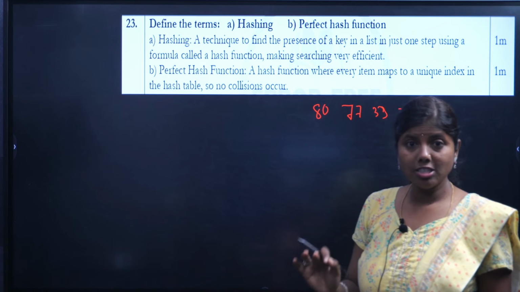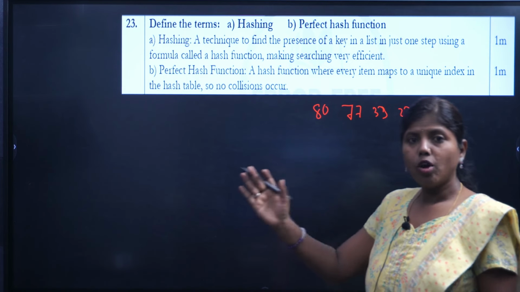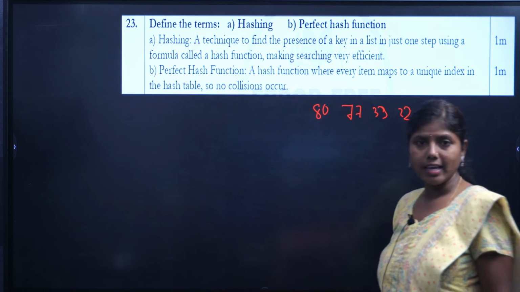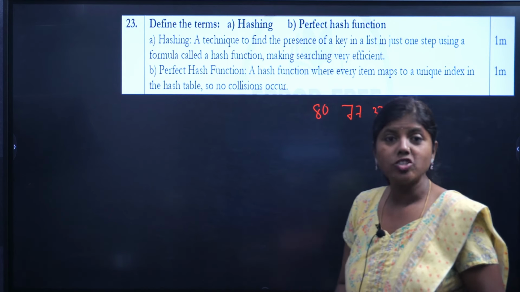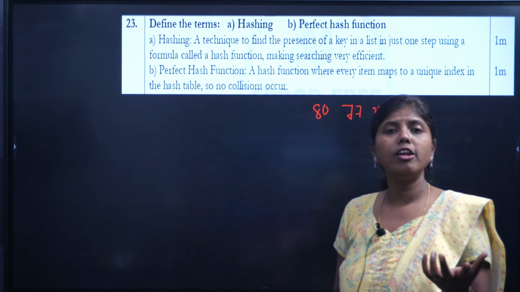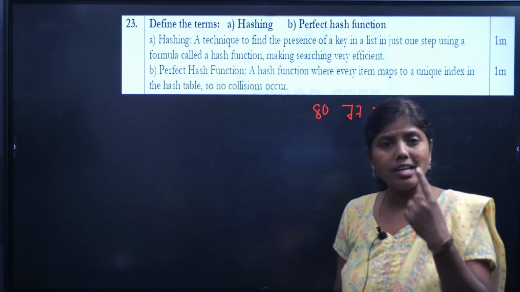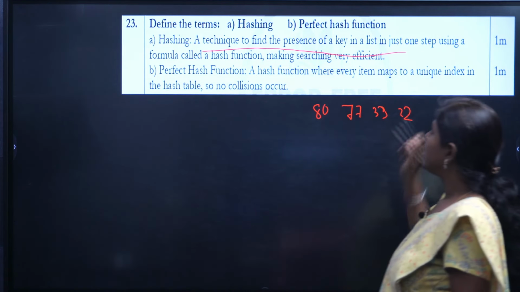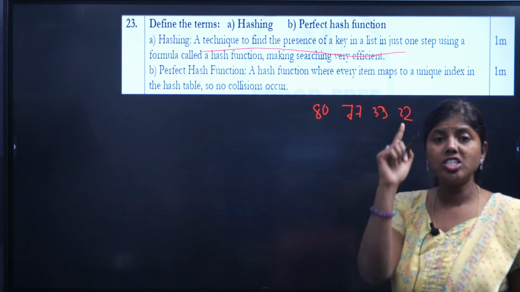To search, I first look here and then say 33 is there. In hashing, we can find where 33 is present in just one step. What is hashing? A technique to find the presence of an element in a list in just one step.